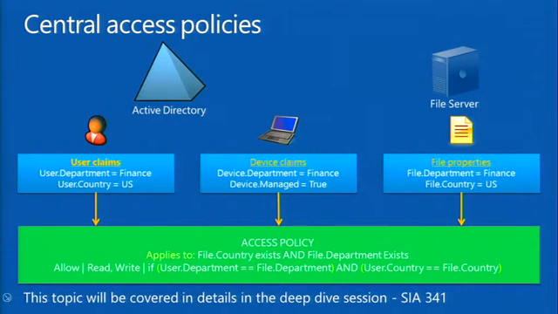So first thing is about the user. How do we identify the user today? We use security groups. We continue to use security groups, but we also added the dimension of claims. So you can say, user department is finance. User country is US, and so on. These claims today, in Windows Server 2012, are sourced from Active Directory into Kerberos.